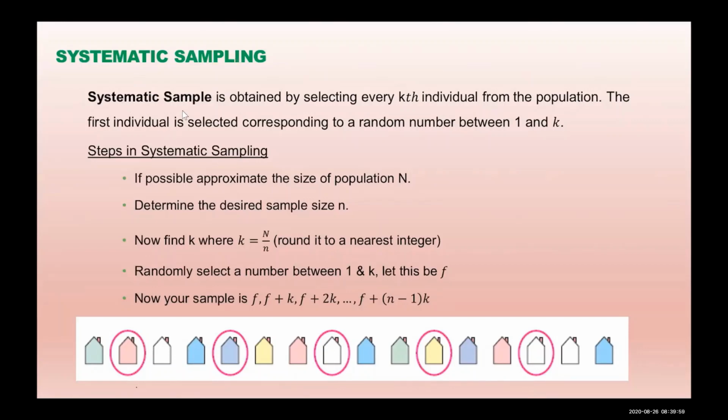In systematic sampling, we pick the first one randomly. One more time, we pick the first one randomly, and then we pick every kth individual. It can be every third one, every fifth one, every seventh one, every 10th one, and so on. So that process of sampling is called systematic sampling. It is not difficult, it's quite easy.